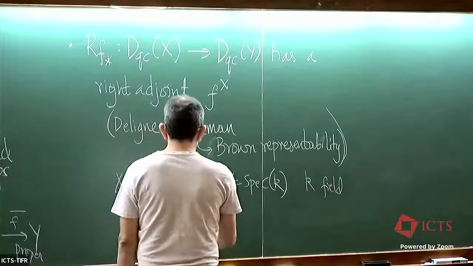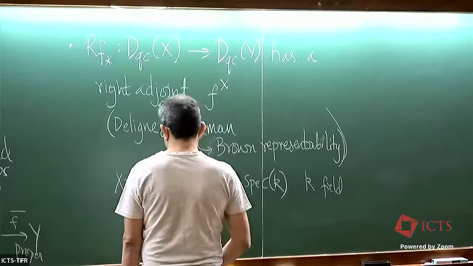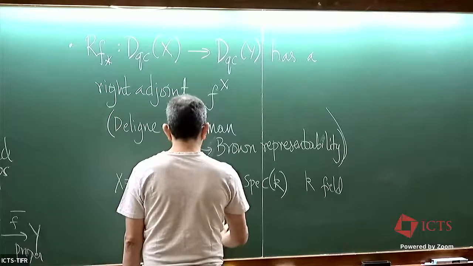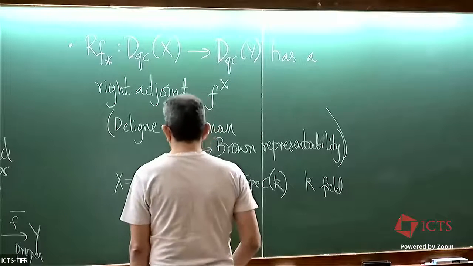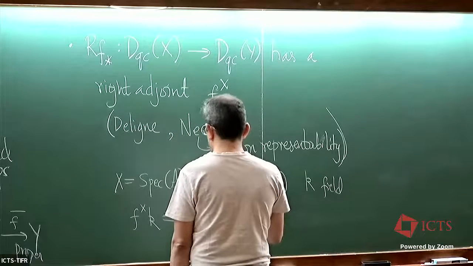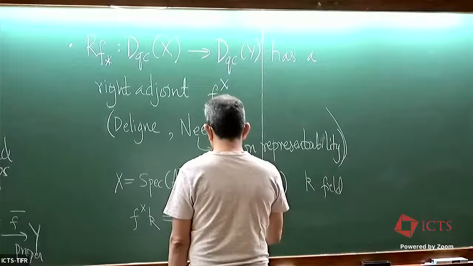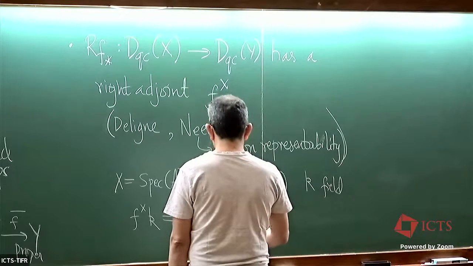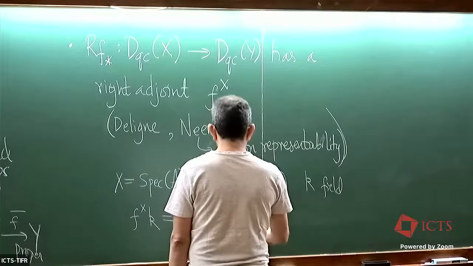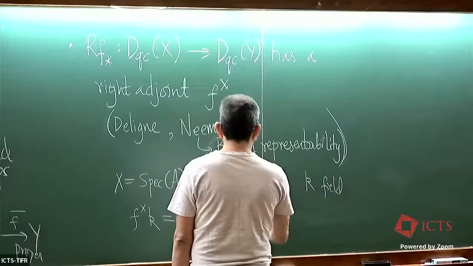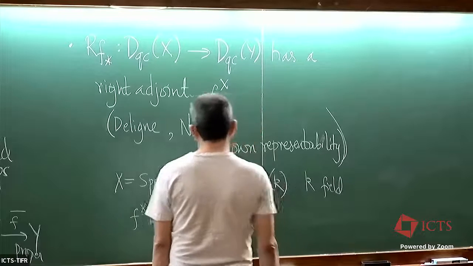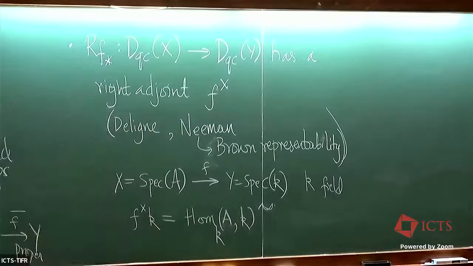It's basically the Hom, the module associated to Hom_K(A, K).